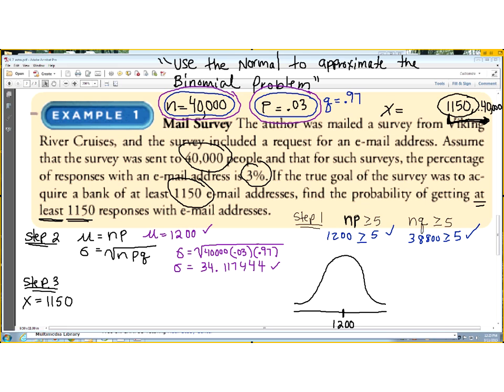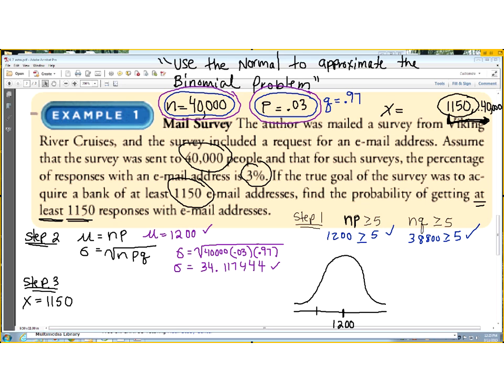The mean was already calculated in step 2. It was 1,200. So x, is that located to the left or to the right? If you look at your distribution here, it's smaller, yes, okay. So it is located here to the left.